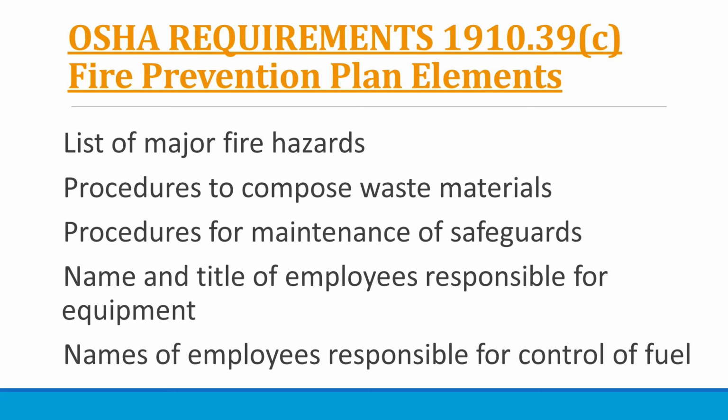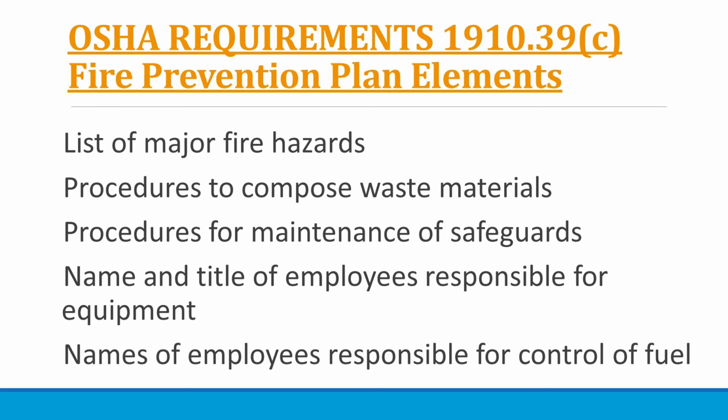Along with the list of major fire hazards, we also want to list the potential sources of ignition. How do we keep these things separate? How do we control them? This is all important, as well as the name and title of employees responsible for the equipment, responsible for controlling the fuel, and responsible for controlling ignition sources.